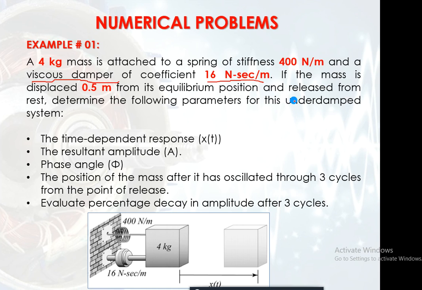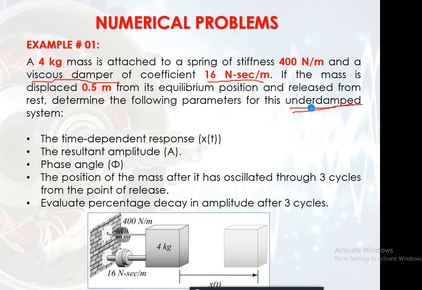So in this problem we have been given the mass of block, stiffness of a spring, coefficient of damping of a damper. In addition, we have been provided with the displacement of the mass from the equilibrium position, that is 0.5 meter, and we have been told that the system is underdamped.